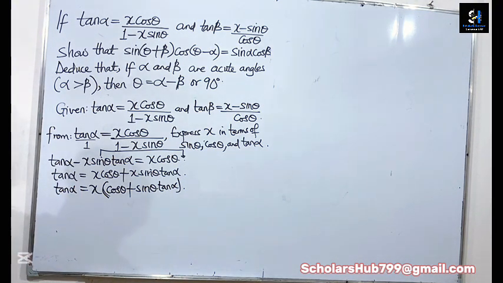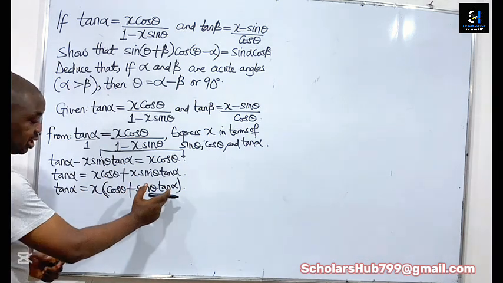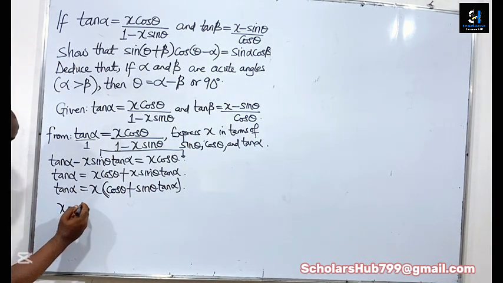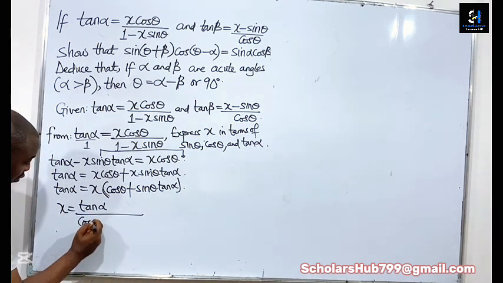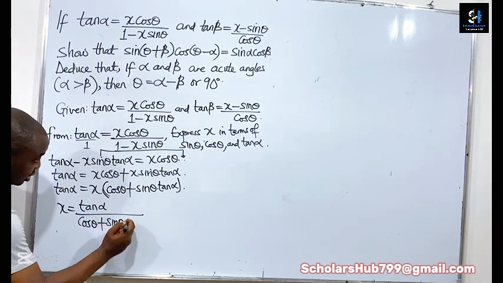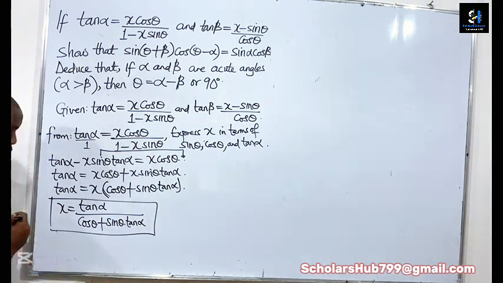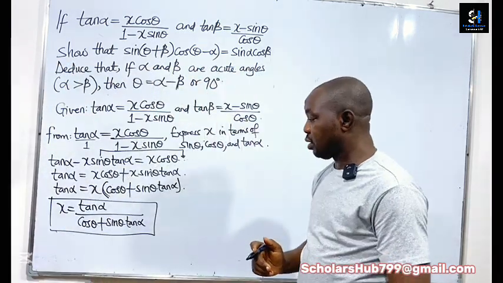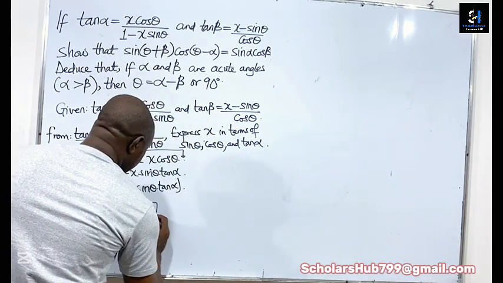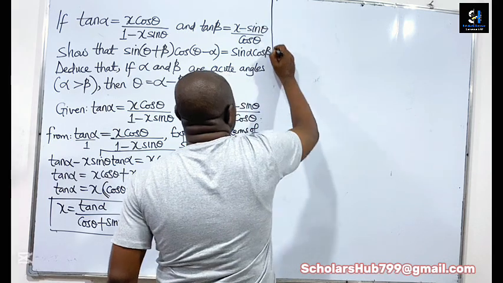To make x the subject of the formula, I'll divide both sides by cos theta plus sin theta tan alpha, so that x will be equal to tan alpha over cos theta plus sin theta tan alpha. So this is the expression for x in terms of cos theta, sin theta, and tan alpha. I'm going to call this equation 1.